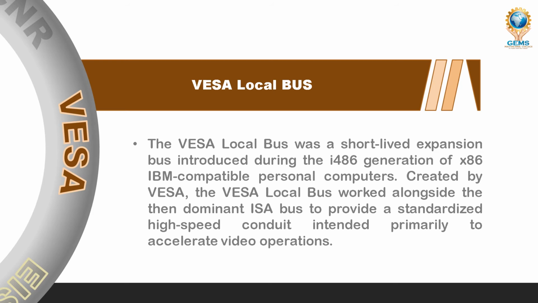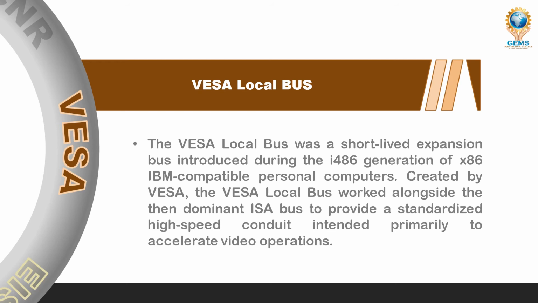It was introduced during the i486 generation of 32-bit x86 IBM compatible personal computers, and it was created by VESA. It provides a standardized fast path that lets add-in video cards be greatly accelerated.